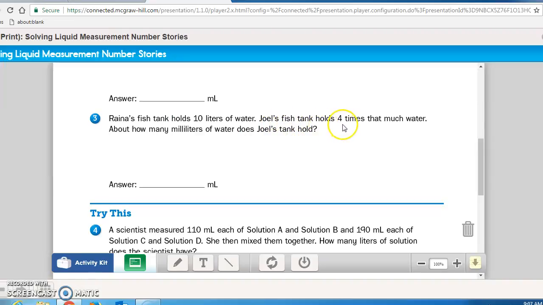Josie's fish tank holds 4 times that much water. About how many milliliters of water does Josie's tank hold? Well, don't forget, first we have liters, but they're asking for milliliters. Pause the recording now. If you don't remember what I said, remember you can always rewind this recording in order for you to read it with me and then figure out your answer.